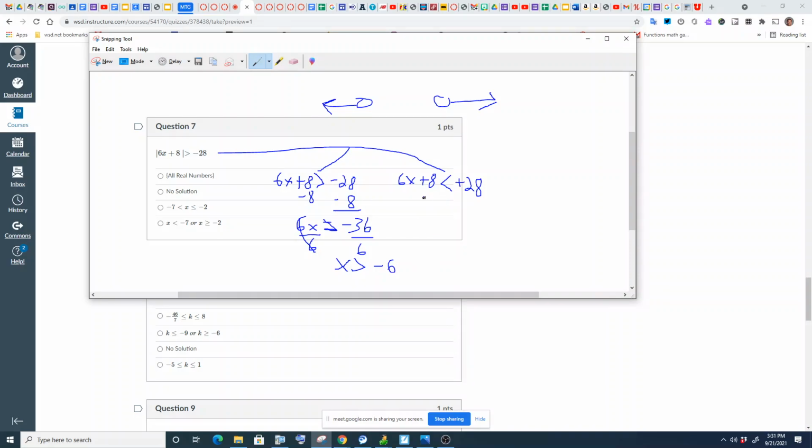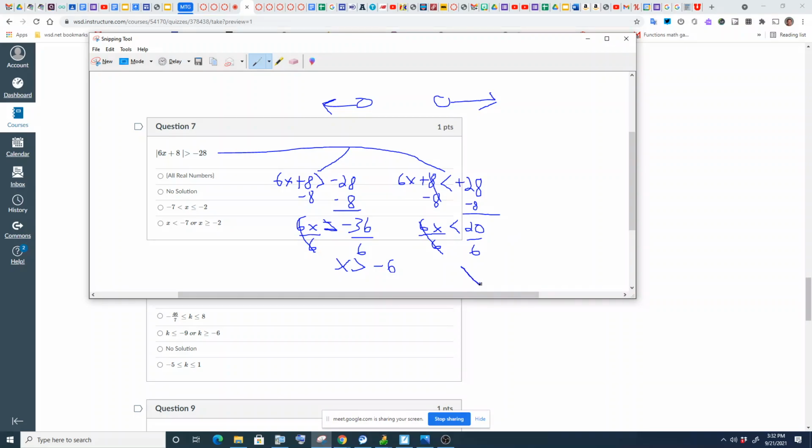Then we come over here, and this time we're going to minus 8 to the other side. And so when we do that, we actually get a positive 20. And so we get 6x is less than positive 20. And then we divide by 6, divide by 6. So 20 divided by 6 is like what? 6 times 3 is 18.